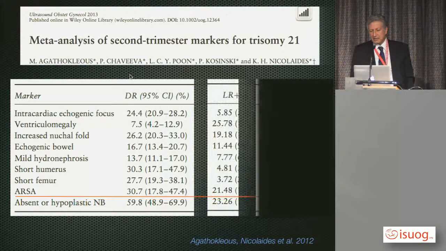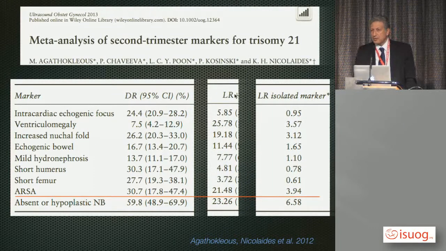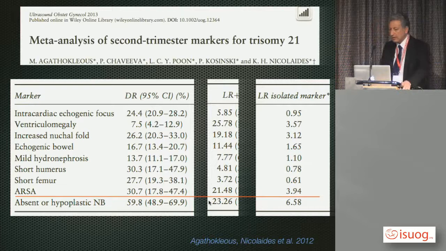And they said that if you use the detection rate for these markers, these are here, and if you use the positive likelihood ratio, that means the number you have to multiply, you see the highest ones were ventriculomegaly, ARSA, and absent nasal bone. But the good news is if you find a so-called isolated sign, it means you are ruling out the others.